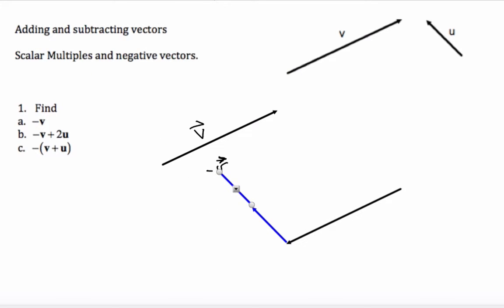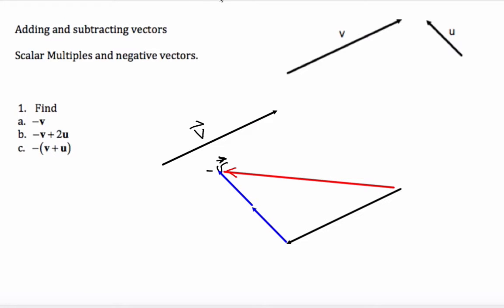And so if I add them and go in this direction, start at the tail, follow towards the head, this here is going to be the addition of these two vectors. I start from tail and I go to the head. And this would be the length and direction of minus v plus 2u.